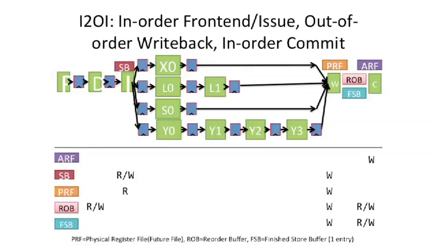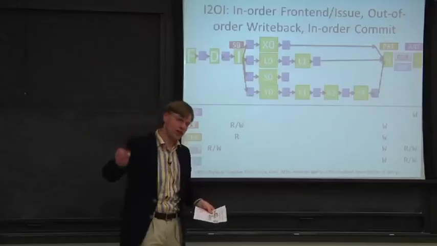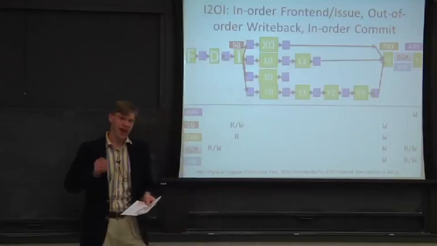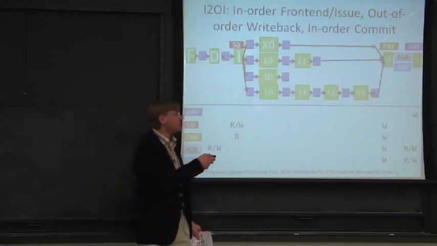Because this is an out-of-order processor. We'd like that to happen. We're basically making the execution and the write back out of order. But we want the commit to be in order. So we need some structure that is going to guarantee that the write to the architectural register file happens in order. And that's what the ROB is going to do.